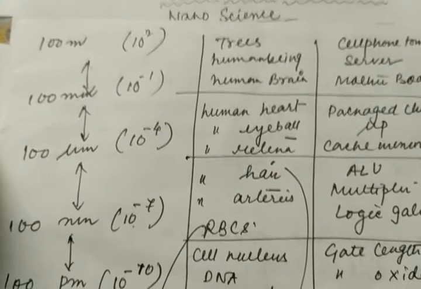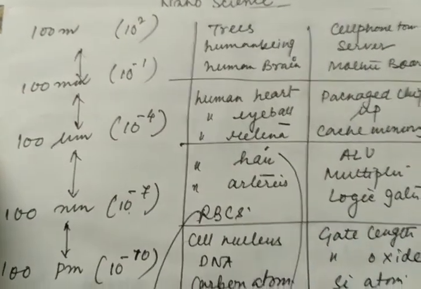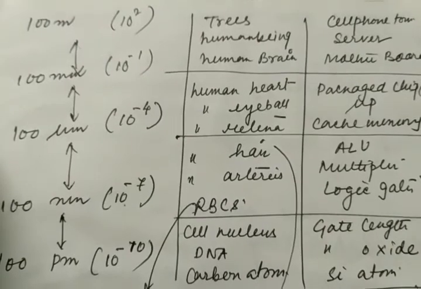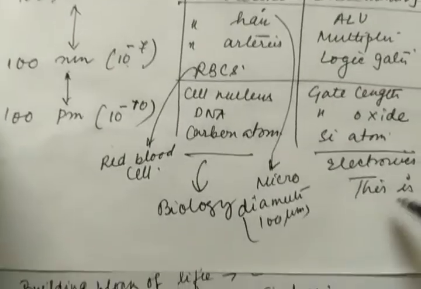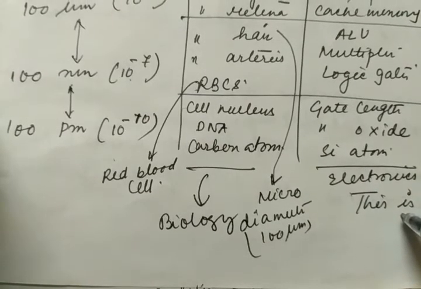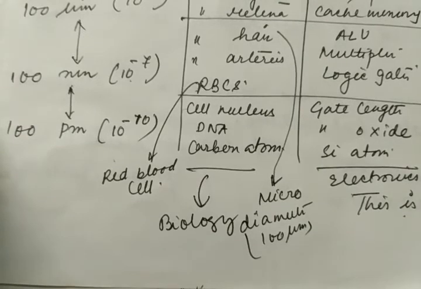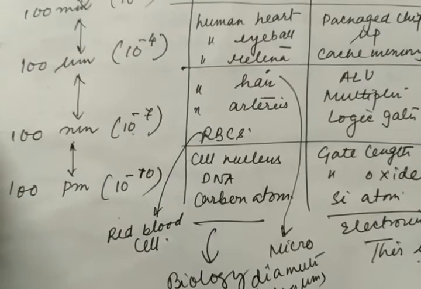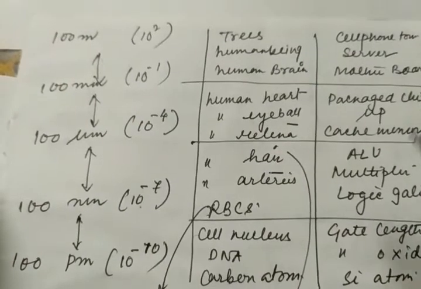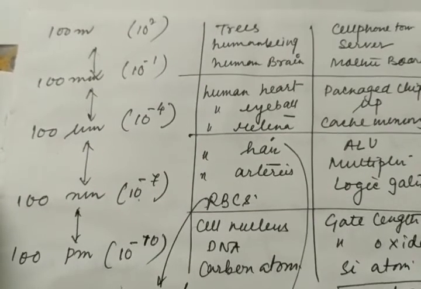So if we take the example, the 100 meter means trees, human being, human brain, and this is a biological part, because we have divided the entire table into biology and in terms of electronics. This is a big distinction that we are using in nanotechnology in our current scenario. But how the changes are happening, where to where.